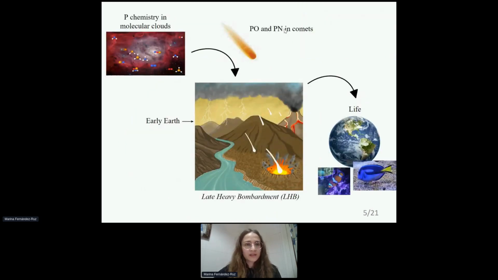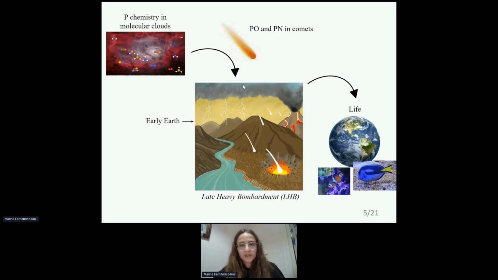So this is the scenario. Phosphorus simple molecules are formed in the interstellar medium, more precisely in molecular clouds. And it is believed that they fell into the early Earth inside asteroids and comets, mostly during the late heavy bombardment that took place around 4,000 million years ago, and became part of prebiotic chemistry, which is the chemistry that finally leads to the origin of life.